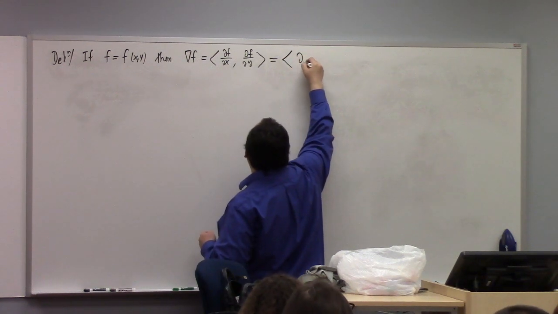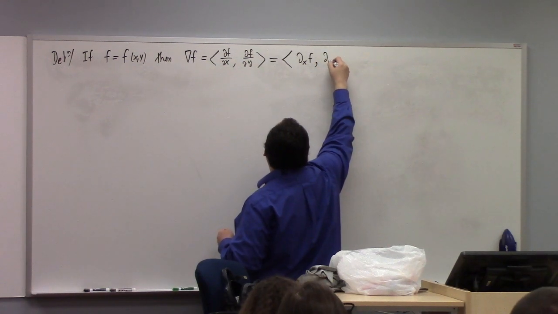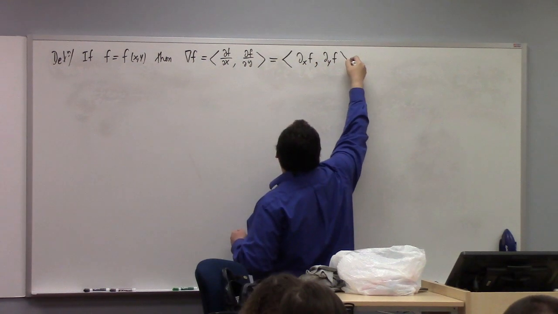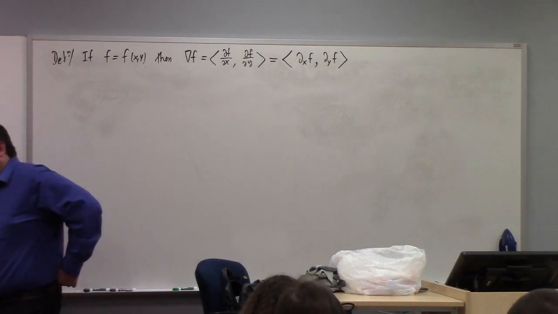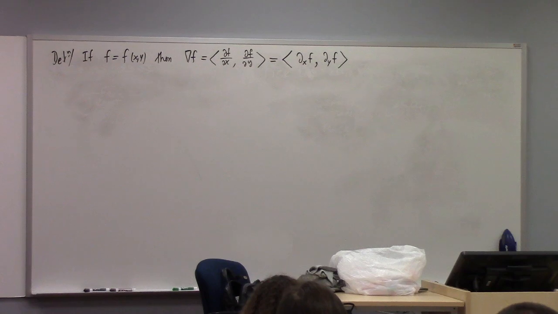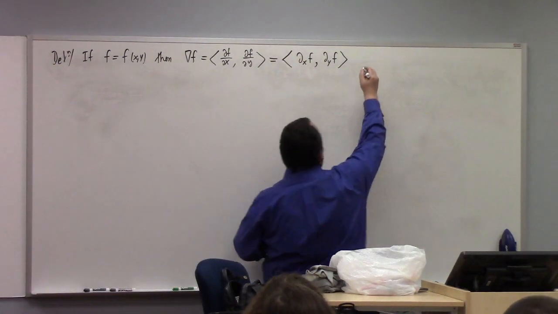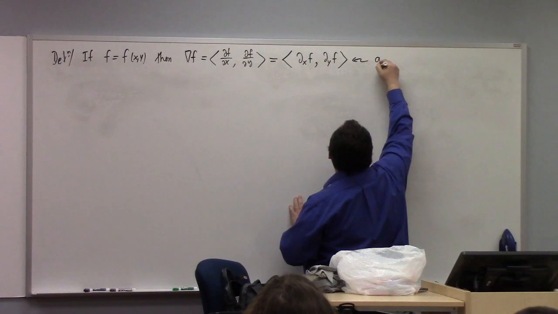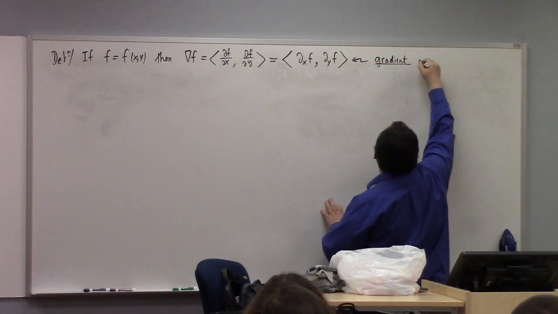We could just do partial sub x of f, partial sub y of f. Sometimes I like that notation because why write two partials when you can get away with writing one? So this is the so-called gradient of f.